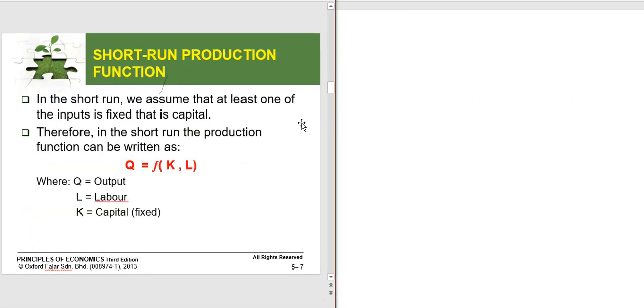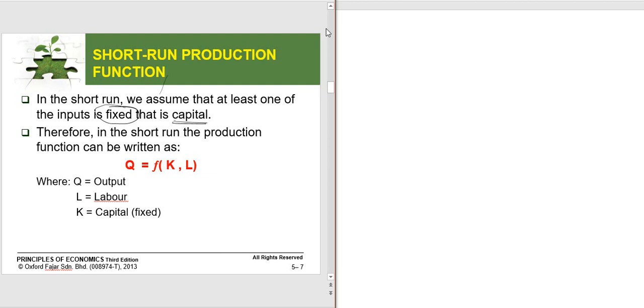Okay, now let's look at the short run production first. So previously I have mentioned that in the short run, there will be at least one input that is fixed. So in this case, the fixed input is the capital, for example, machineries or buildings.